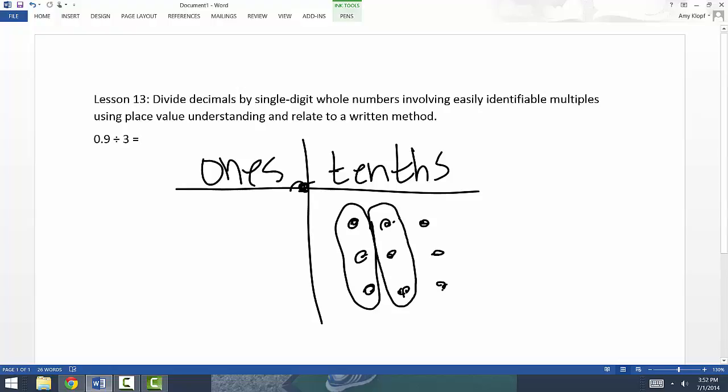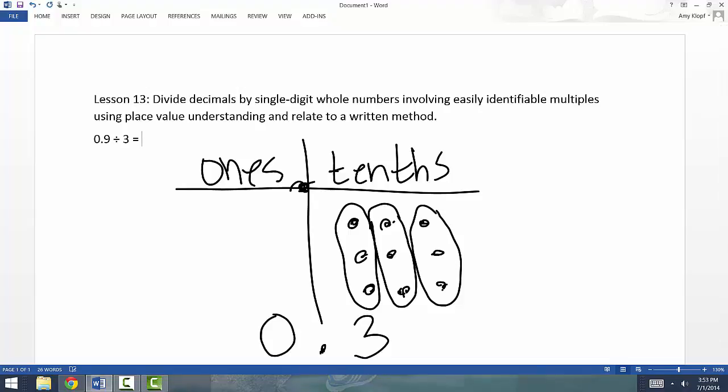Counting the tenths I have, I now have 1, 2, 3, and 4. How many is in one group? 9 tenths divided by 3. My answer is 0.6.